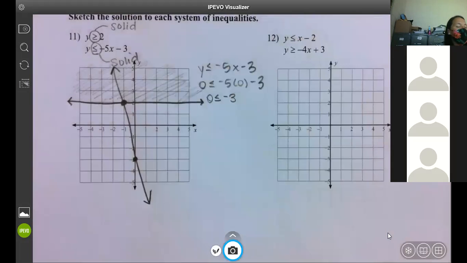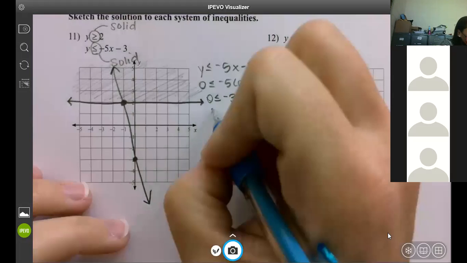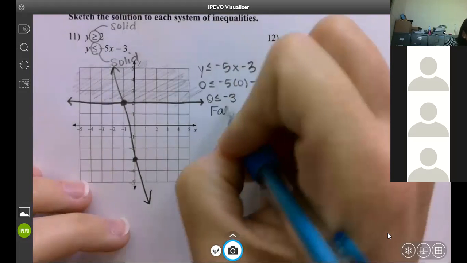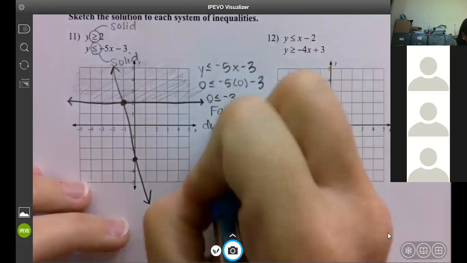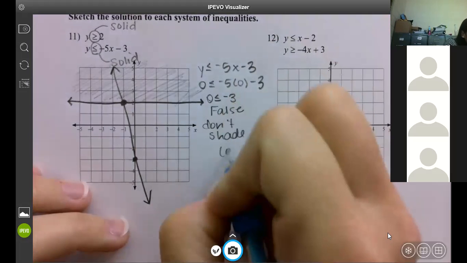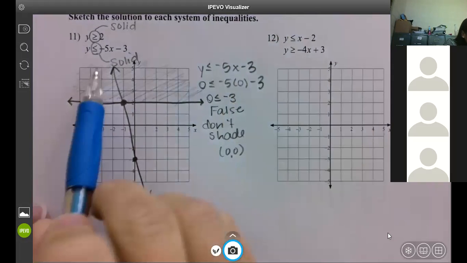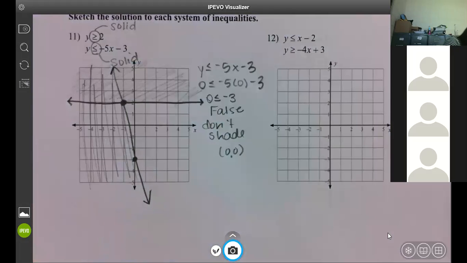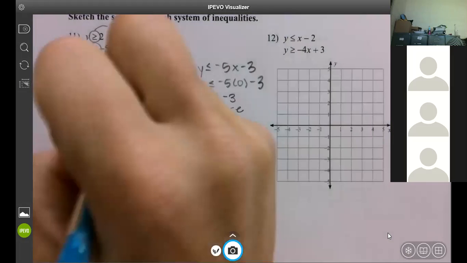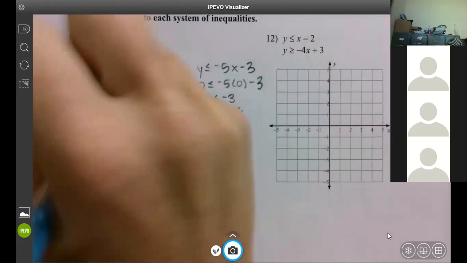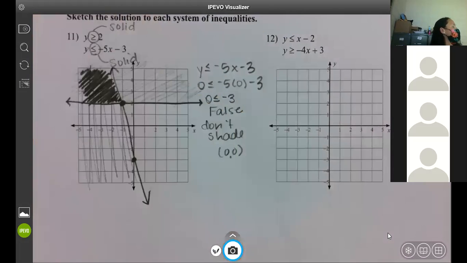Is 0 less than -3? It's false, so we don't shade 0, 0. So we actually shade this side. The point where both of those shades overlap, I'm going to make it super dark, is where your solutions are.